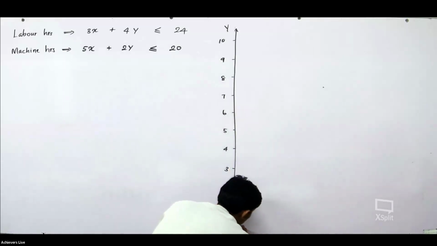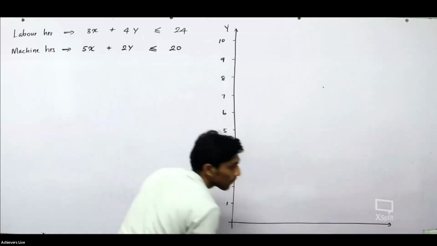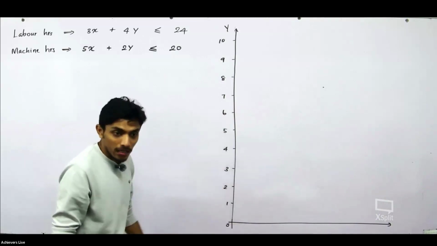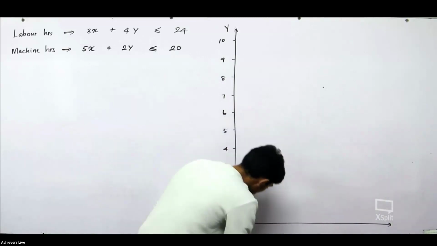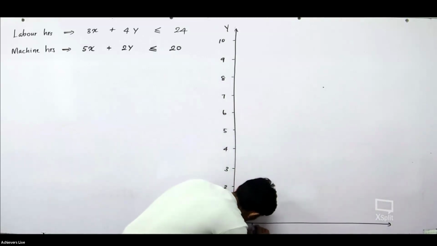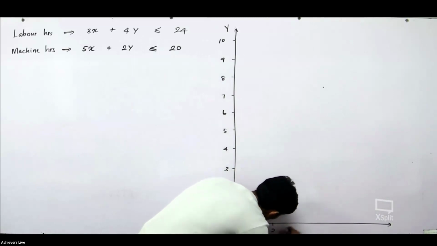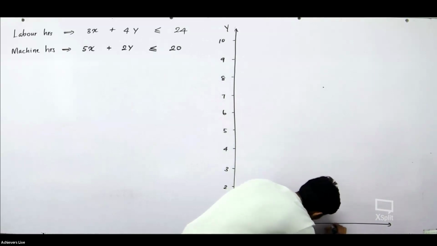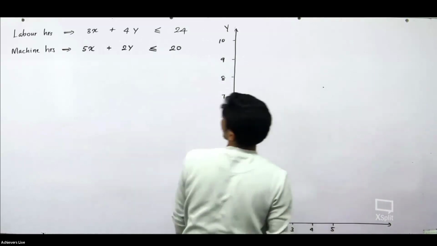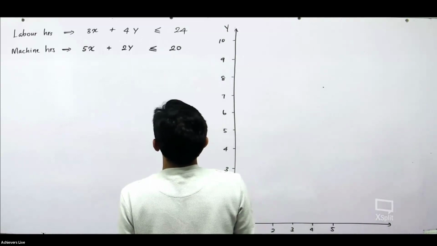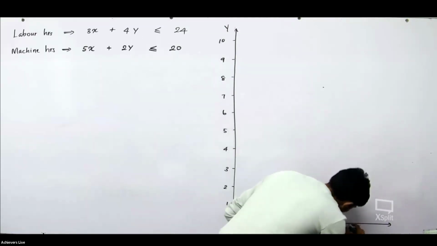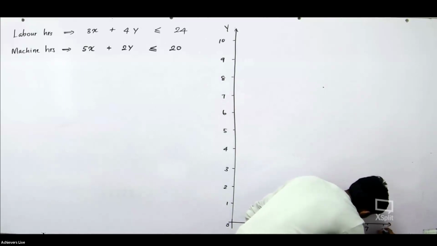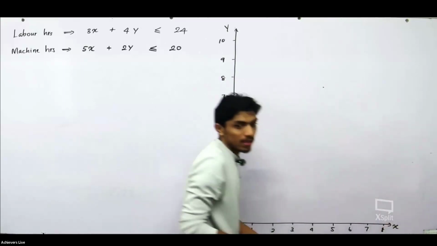On the x-axis: 0, 1, 2, 3, 4, 5, 6, 7, 8. This is your x-axis.